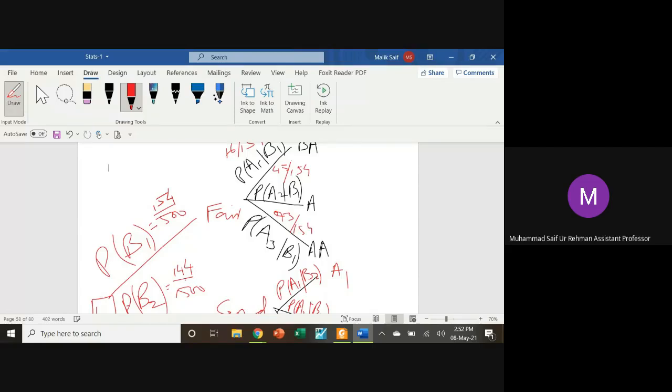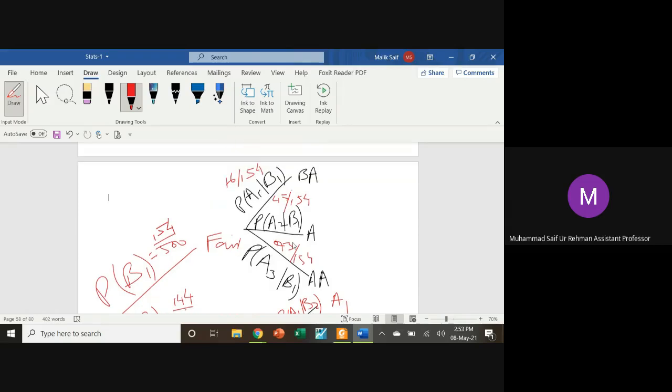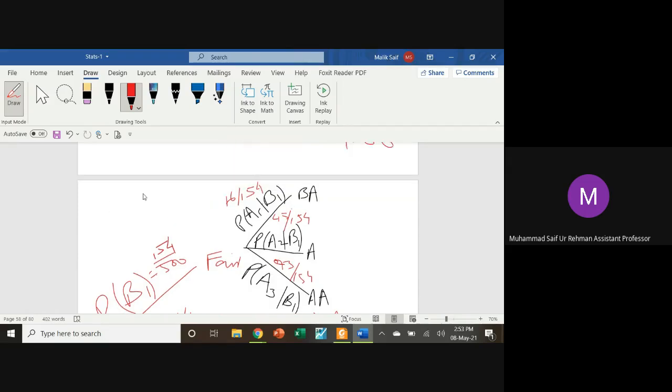In this way. Now you could see when you multiply these two, 154 will be cancelled out with this 154, and you will remain with 16 by 500, 45 by 500, and 93 by 500. So that is what we call the giant probability.